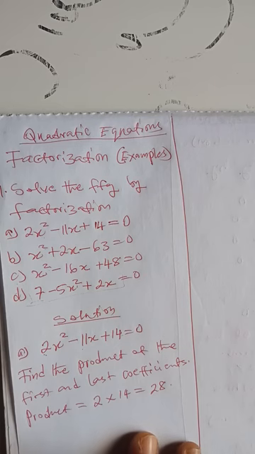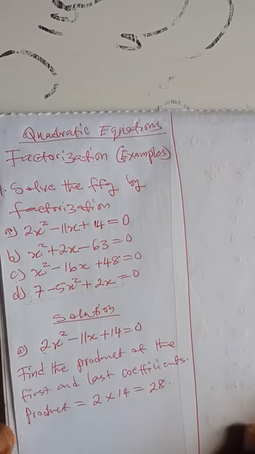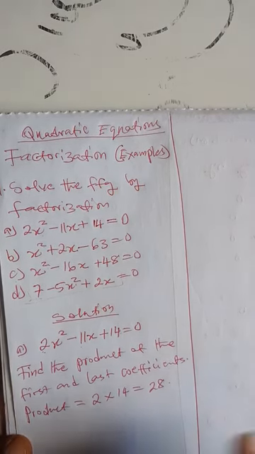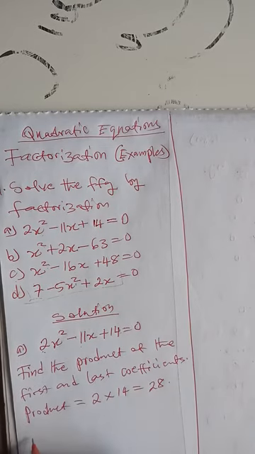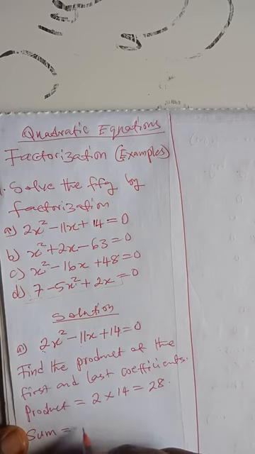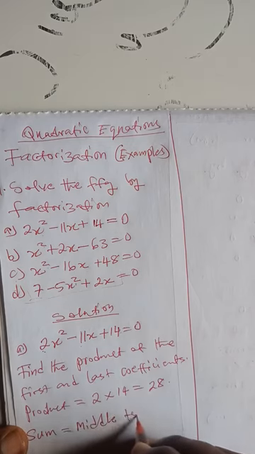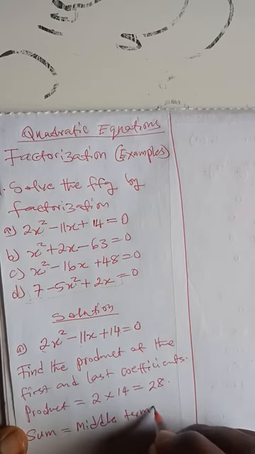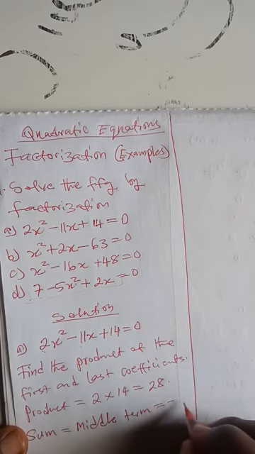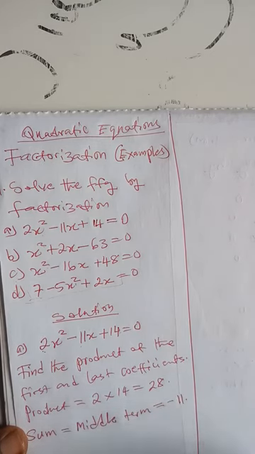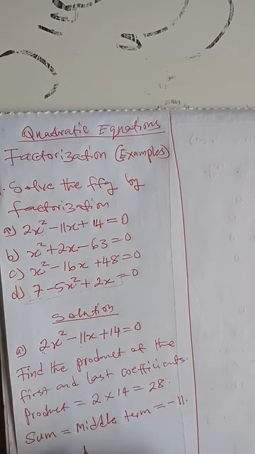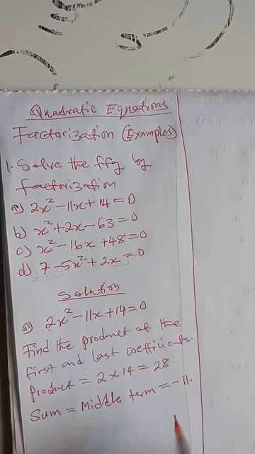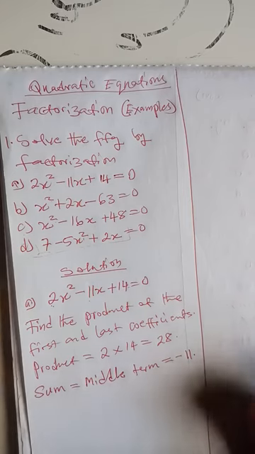Now, there is something we call the sum, and the sum is the middle term. The sum is equal to the coefficient of the middle term, which is minus 11.